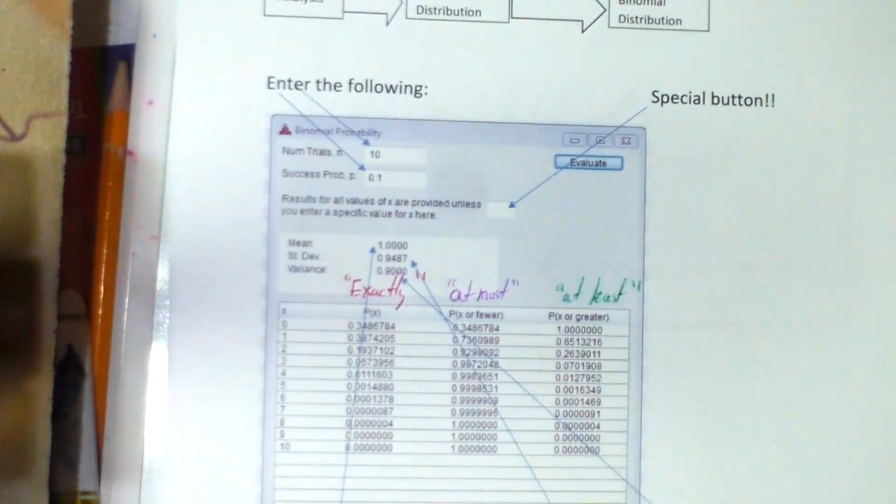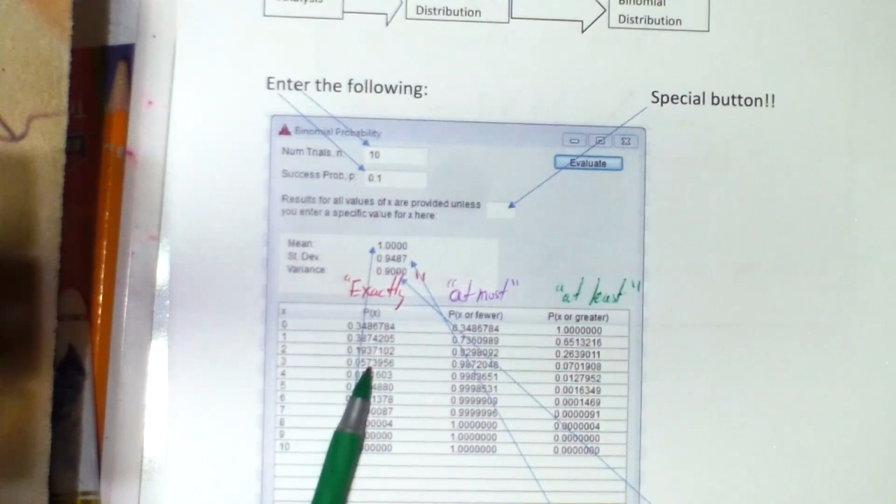So if you see these specific words in the problem, you're going to identify the value within this column. So suppose that we say find exactly 3, right? So you go to 3 and you go to the exactly, and bam, there's your answer. If you round it to 3 places, it would be 0.057.